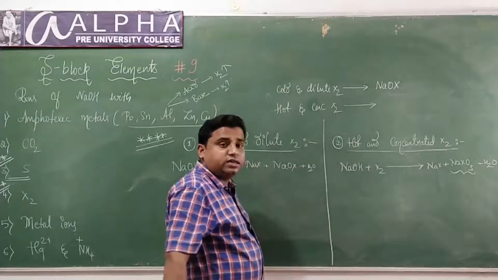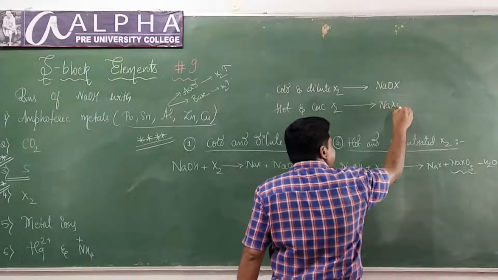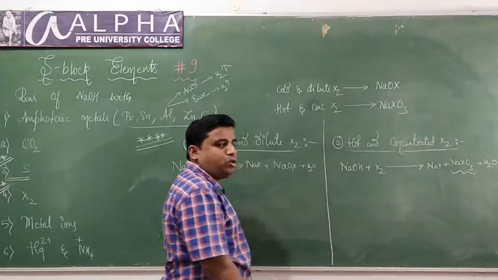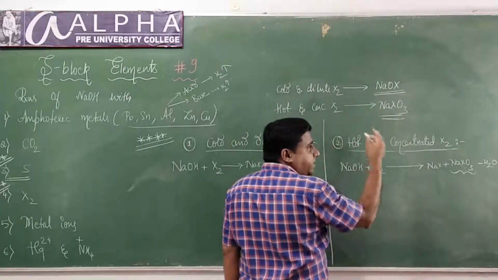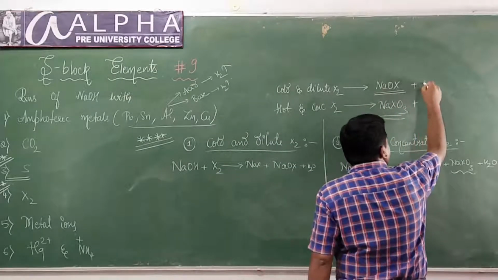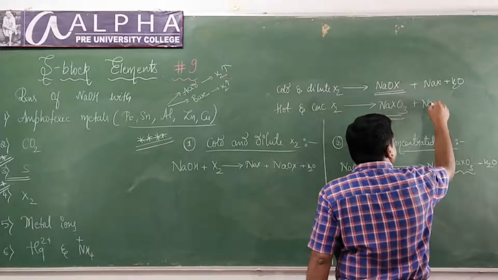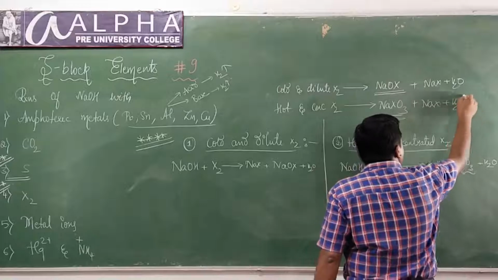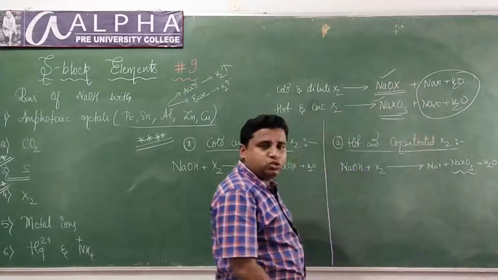With hot and concentrated NaOH, what is the product formed? The product is going to be NaXO3. Are you getting my point? Please remember this difference. In both the cases sodium halide and water are common, whereas these two are different.